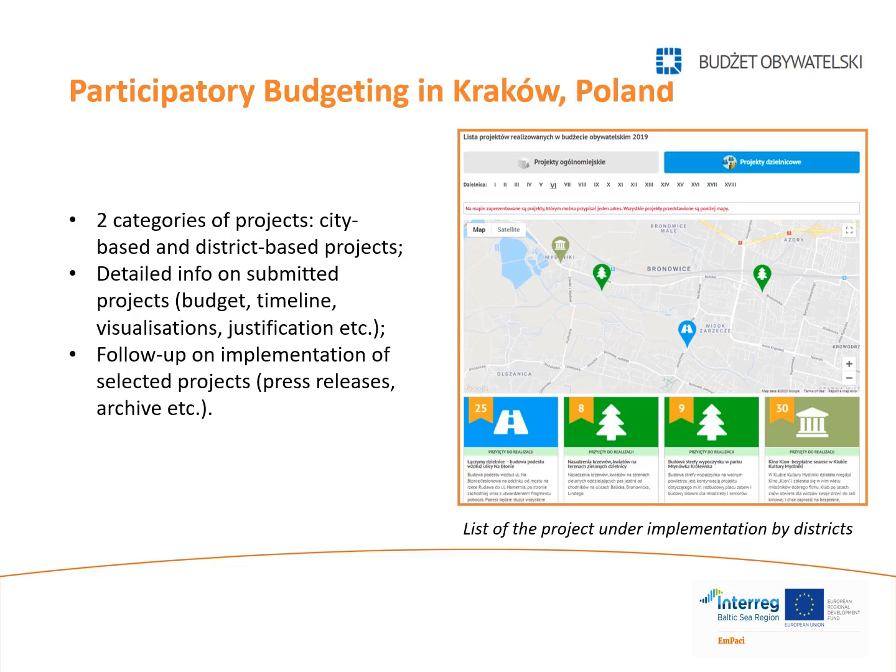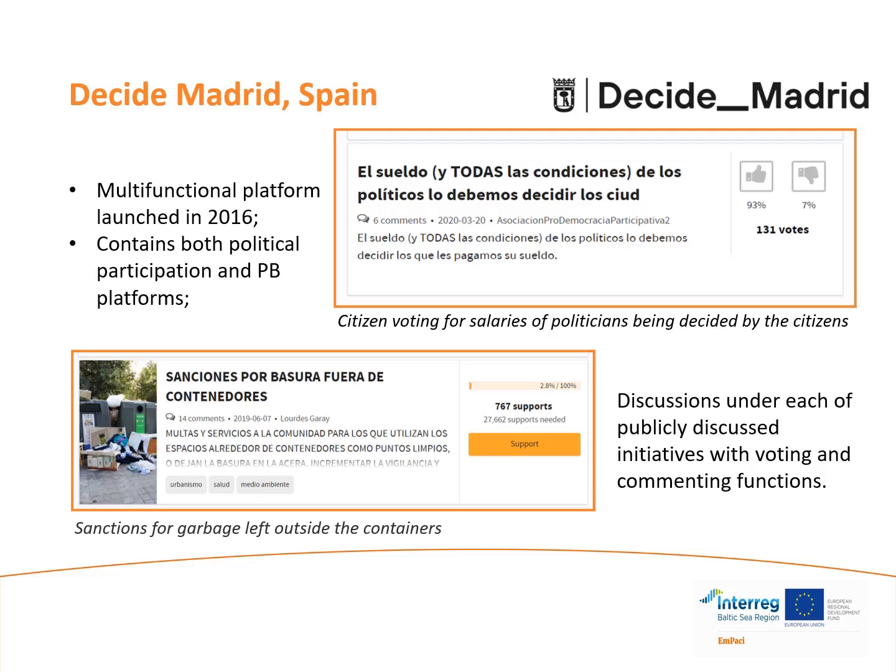In Krakow, citizens can vote for two types of projects, city-based and district-based, and information on the projects to vote for includes the categories of project budget, timeline, visualization, justification, and many more. Additional press releases and other update articles are produced to keep participants informed on the progress of project submission, voting, as well as implementation. Here you can see another example, this time from Madrid, Spain.